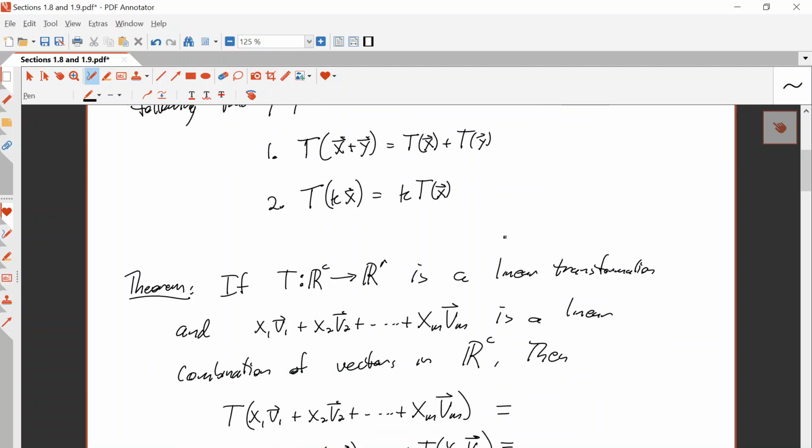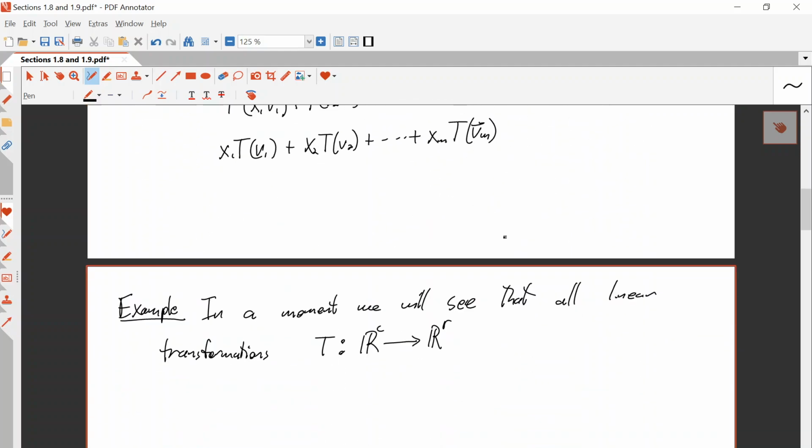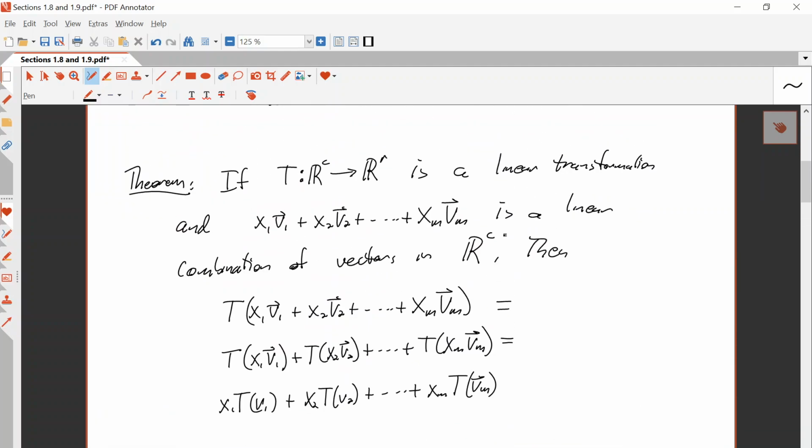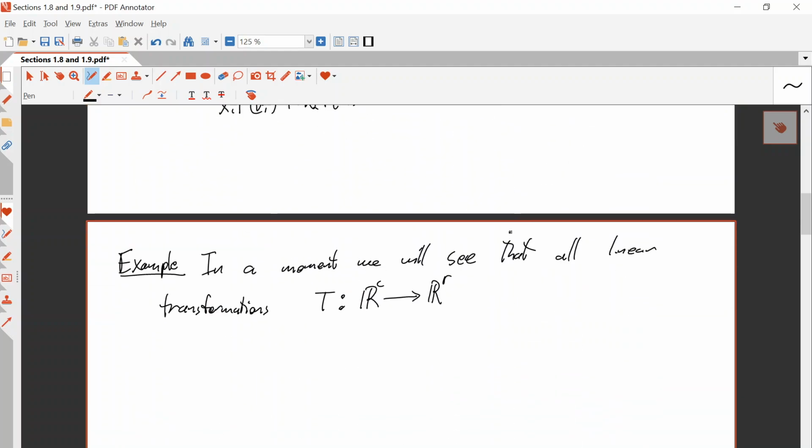The range is R^r. Yes, R^c to R^r. All right. So in a moment, we will see that all linear transformations T from R^c to R^r have the following form.